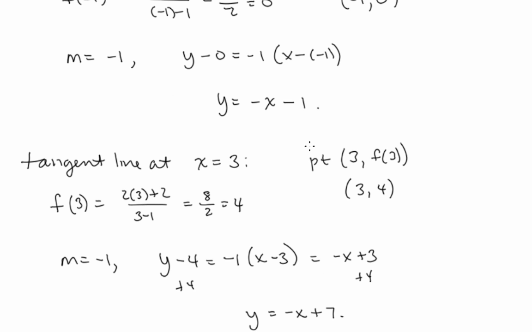At x equals 3, the point is 3 comma f of 3. So that's 3 comma 4. And so y minus 4 is equal to negative 1 times x minus 3. Simplifying, we get y equals negative x plus 7. And so these are equations for the tangent lines at these points.